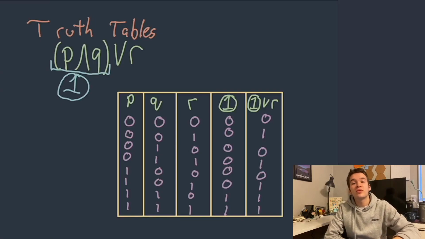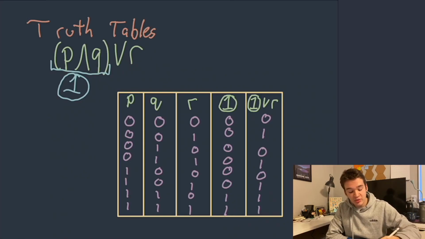Now, just before we get into the actual math, I want to introduce you to a core tool that we are going to use a lot, and that is called a truth table. A truth table shows what the value of a given expression will be for given values of certain variables. Here we have this expression. Don't worry if you don't understand what it says. We have three variables, p, q, and r.